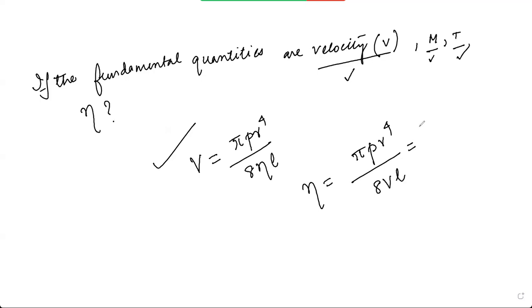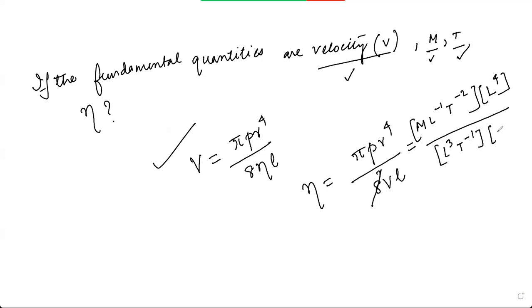The dimensions of P are M L to the power minus 1 T to the power minus 2, and radius means length, so L to the power 4, divided by 8 which is a constant, and V will be L cube T to the power minus 1, into length L. So it will come out as M L to the power minus 1 T to the power minus 1. This is eta.